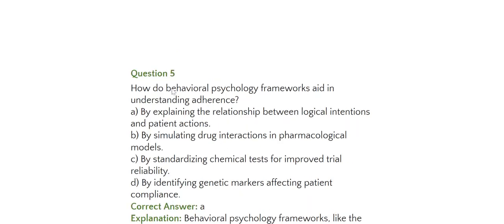Question 5: how do behavioral psychology frameworks aid in understanding adherence? A. By explaining the relationship between logical intentions and patient outcomes. B. By simulating drug interactions and pharmacological models. C. By standardizing chemical tests for improved trial reliability. Or D. By identifying genetic markers affecting patient compliance.